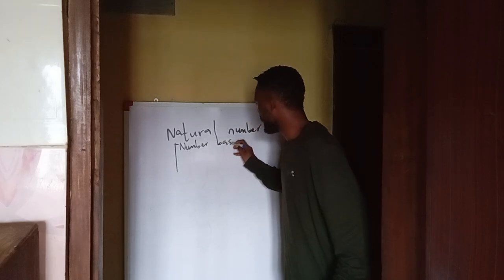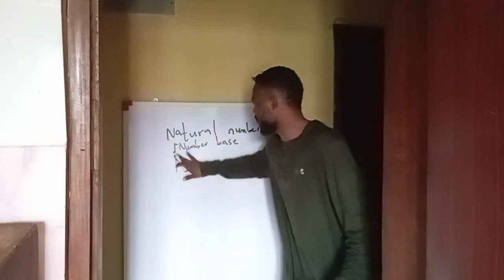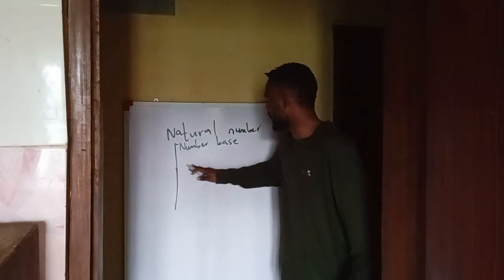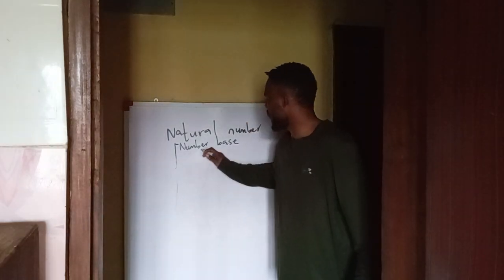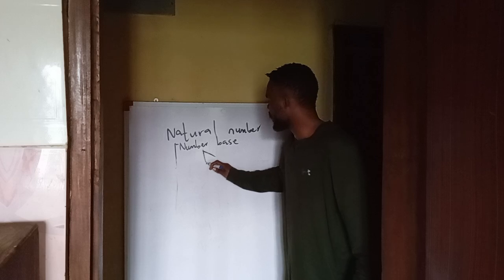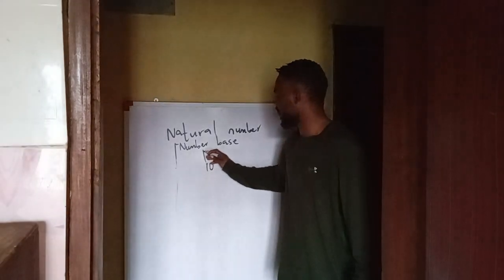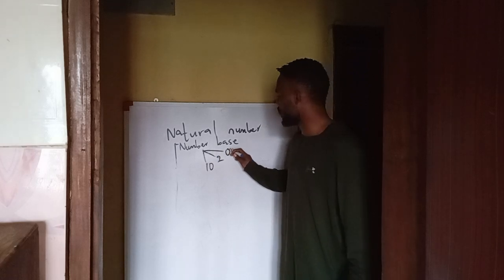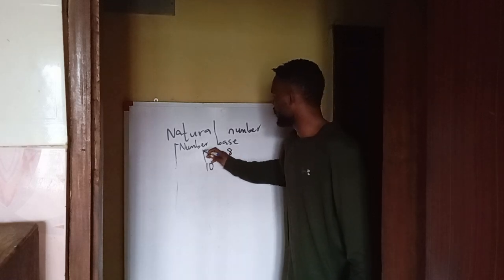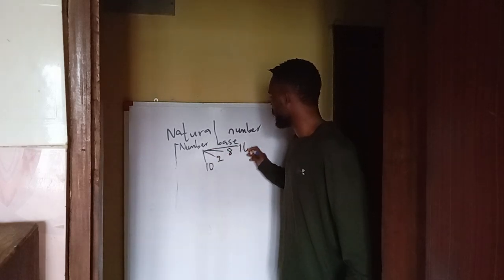Under this number basis, you have things like base 10, which you call the decimal, base 2, which you call the binary, base 8, which you call the octal, and base 16, which you call the hexadecimal.